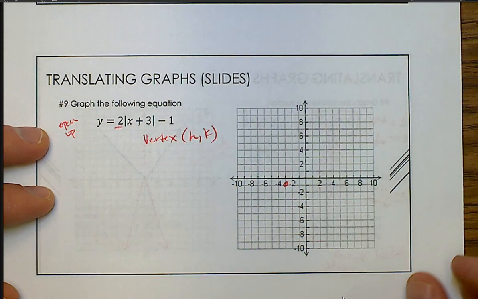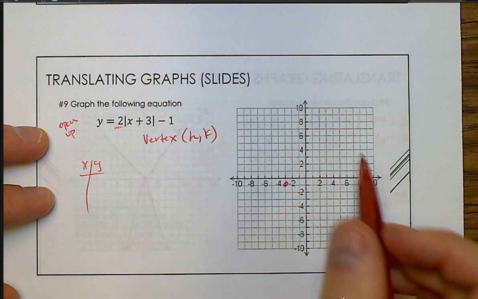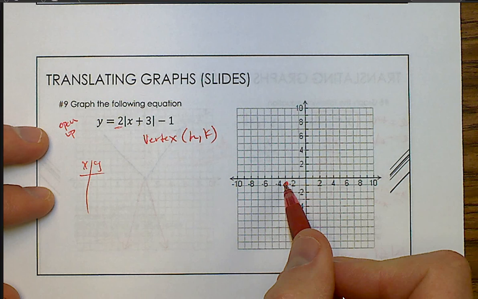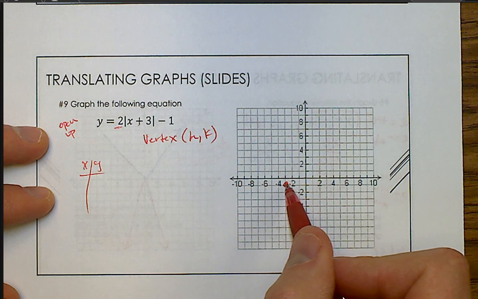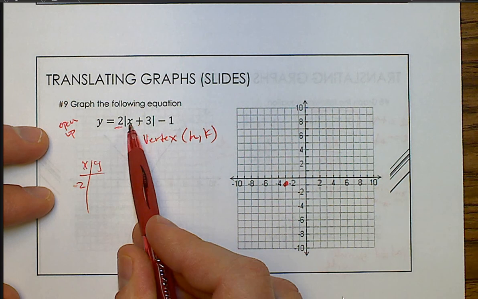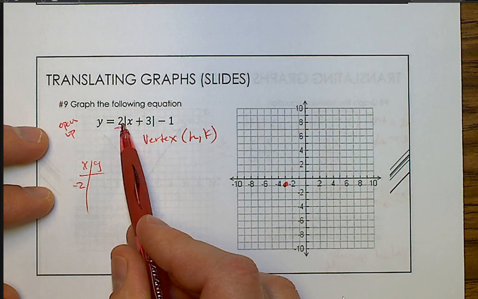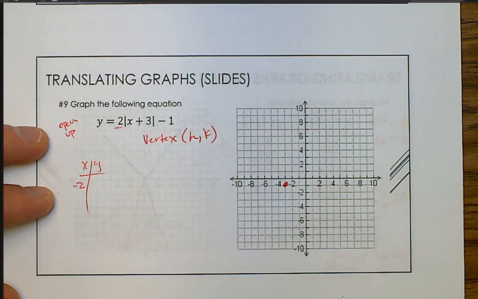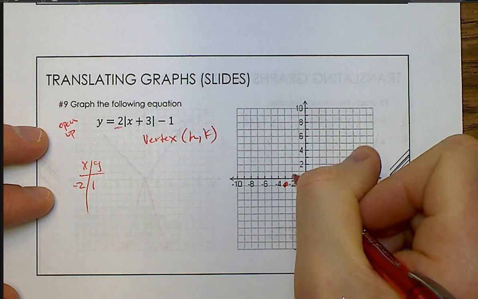And so what we can do is you can just make a t-chart if you would like. We already know the vertex is (negative 3, negative 1), so we can pick some x values to the right or to the left of this. So, for example, negative 2. If I plug in negative 2 for x, negative 2 plus 3 is 1. 1 times 2 is 2. 2 minus 1 is 1. So (negative 2, 1) would be right here.